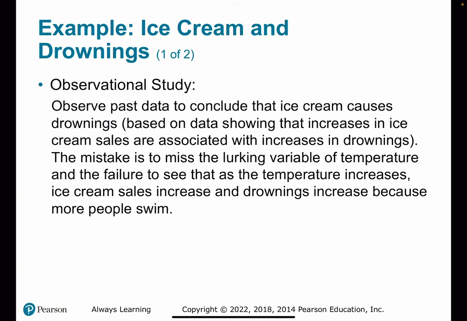But of course, there's a lurking variable here, and that is the temperature. So the idea is that people usually eat more ice cream during the summertime when it's warm. And what else do people do when it's warm? Well, they go swimming. And so that's the connection between the two. But that doesn't mean there's causation there. One doesn't cause the other.